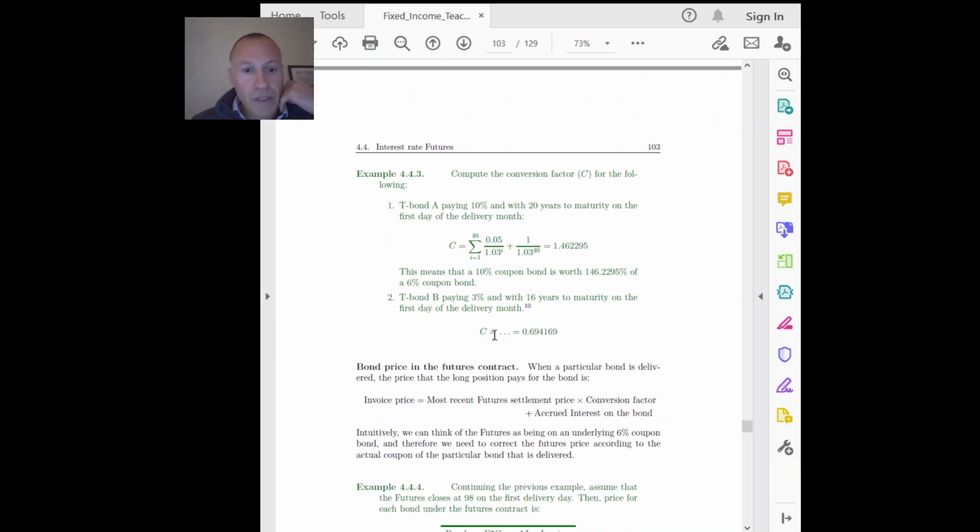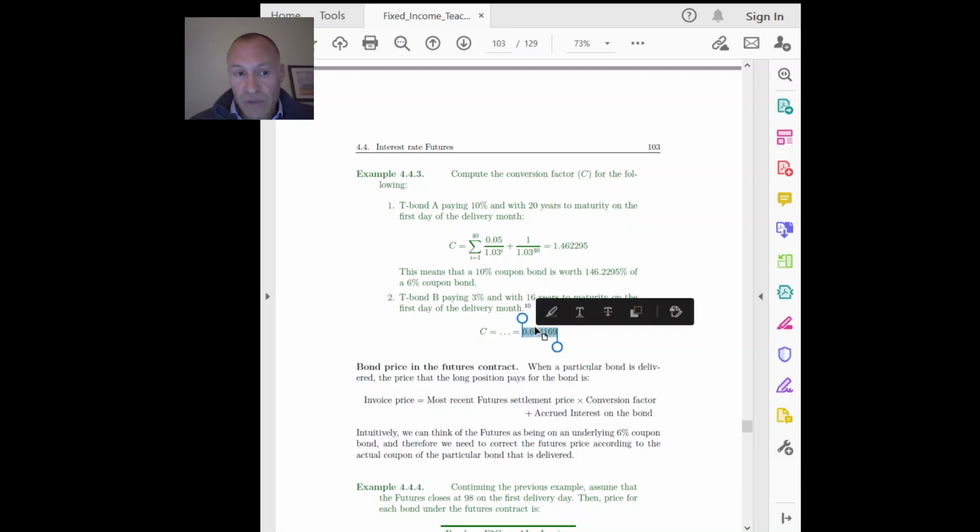All right. Second example, bond B. Now it's the opposite. It's only paying a coupon of 3% and it has 16 years to maturity. Well, same type of calculations. I know the coupons, I know the coupon dates, I know the maturity. I can just discount those values. Again, using a yield to maturity of 6% per year or 3% every 6 months and compute the price.